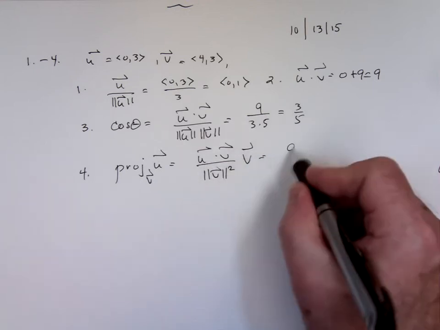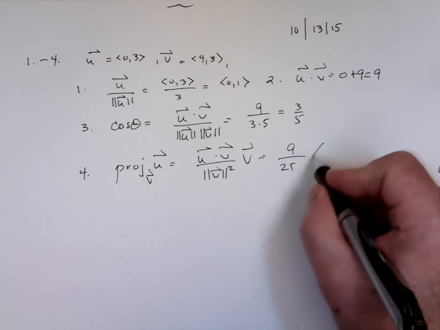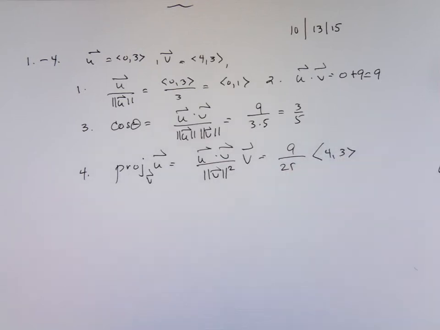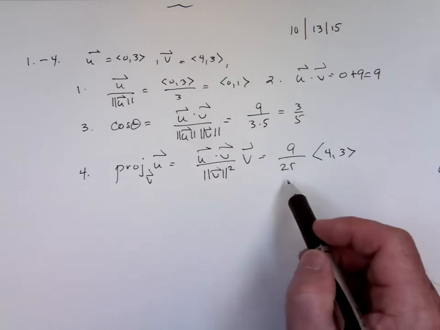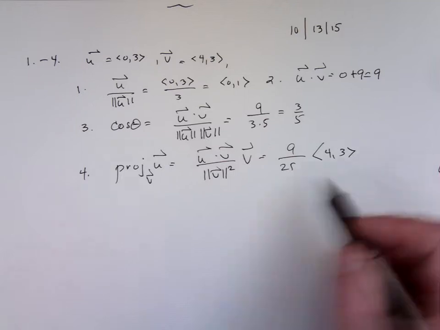Dot product is 9. The magnitude of v is 5 squared, 25 times v, 4, 3. So answer 4 is D. The way I've got it is 9/25 v. Okay? Everybody okay here? All right.